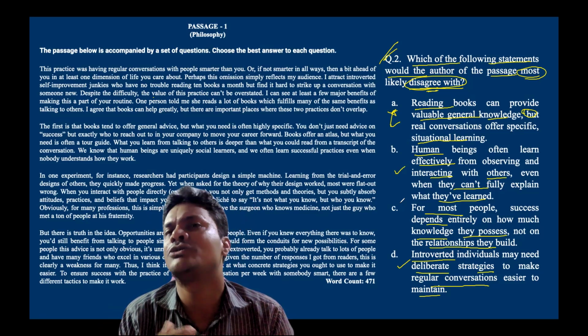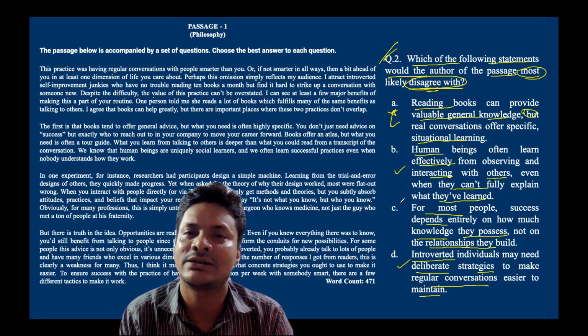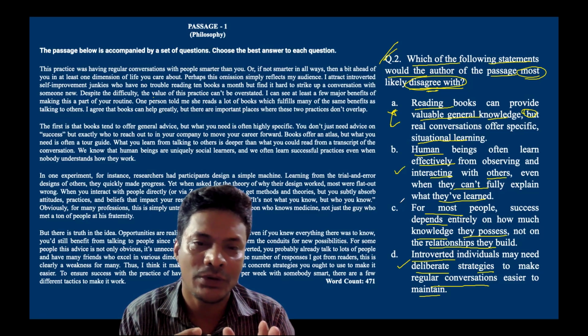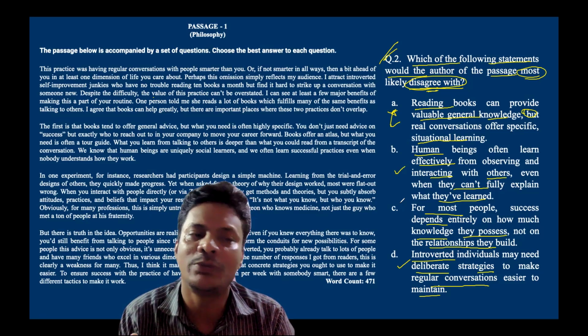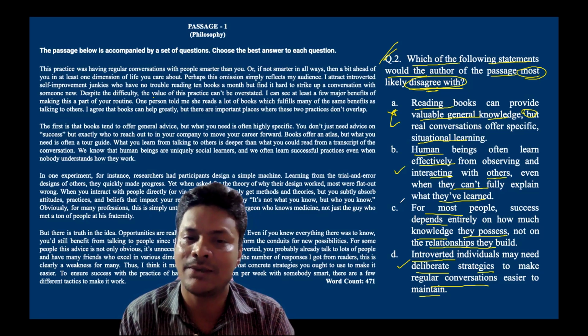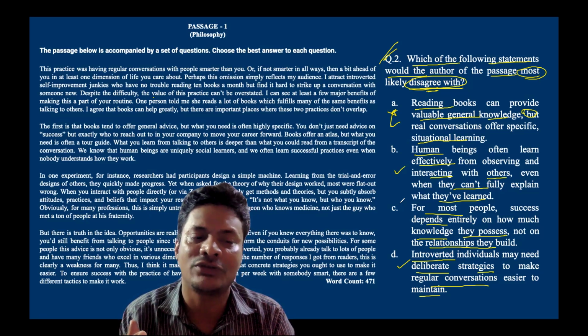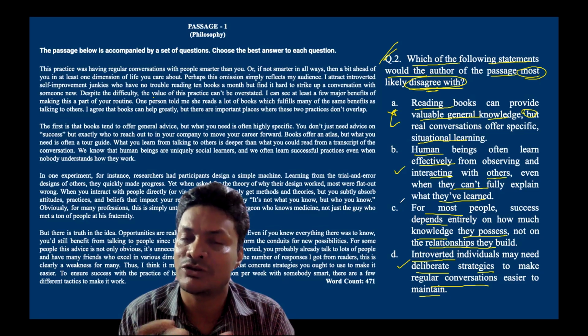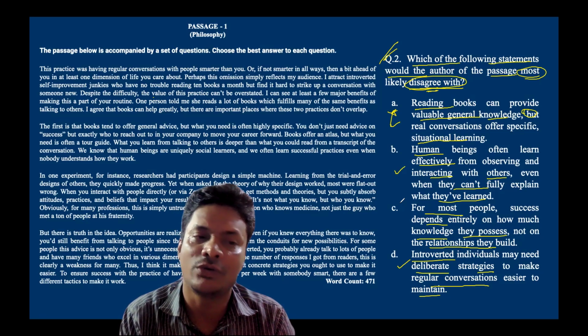The second thing is that the author agrees that while expertise is important, the author stated that I would rather have the surgeon who knows medicine, that example. So connection and interaction, both of the things also play a crucial role, right?